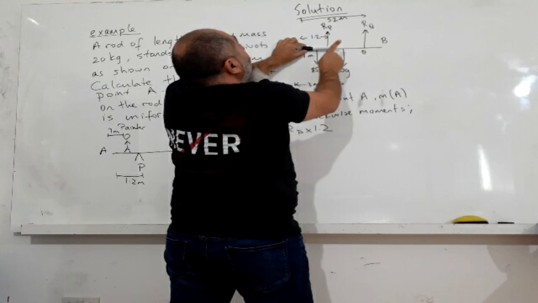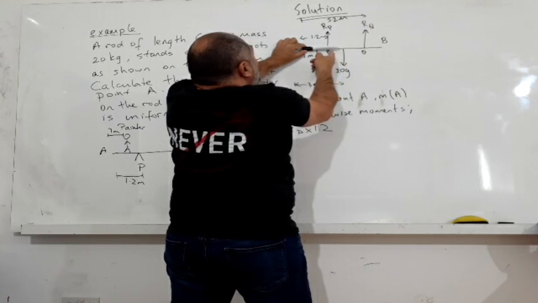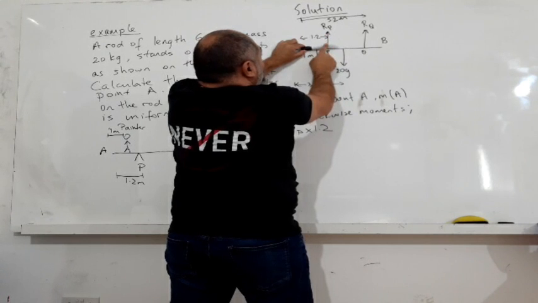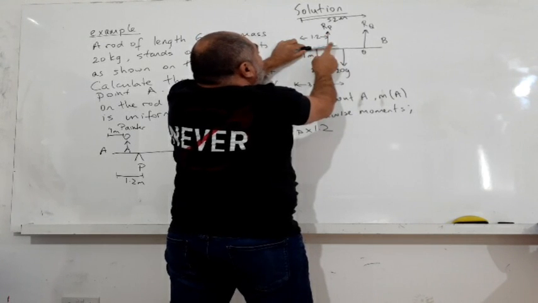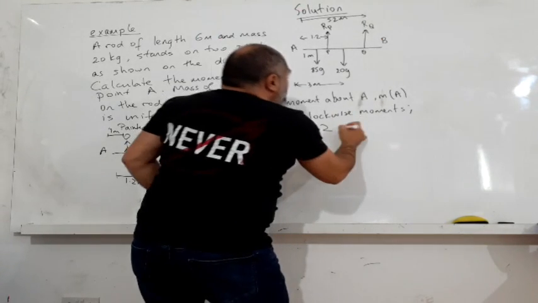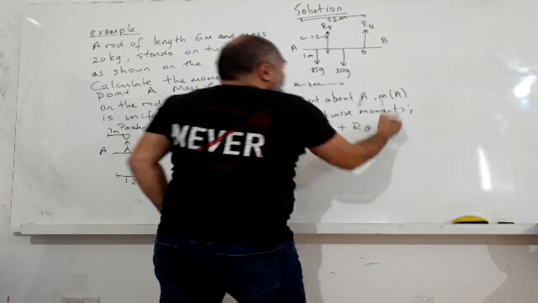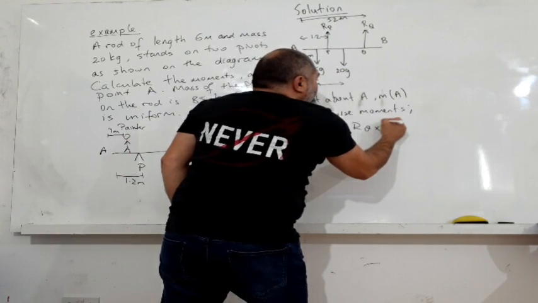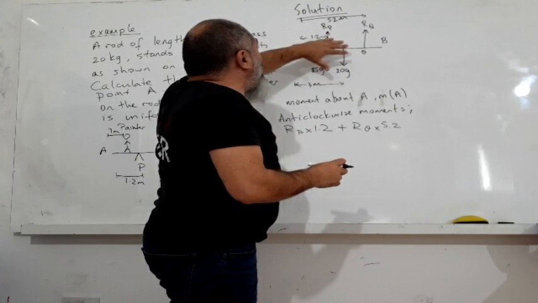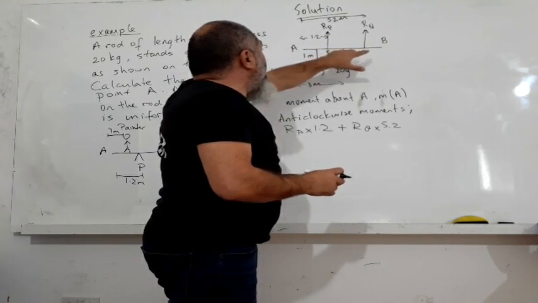RQ tries to push up, tries to turn this rod AB in the anti-clockwise direction. What is this distance? 5.2. What is the name of the force? RQ times 5.2. We have two forces that try to turn the rod AB in the anti-clockwise direction, and we calculate their moments.